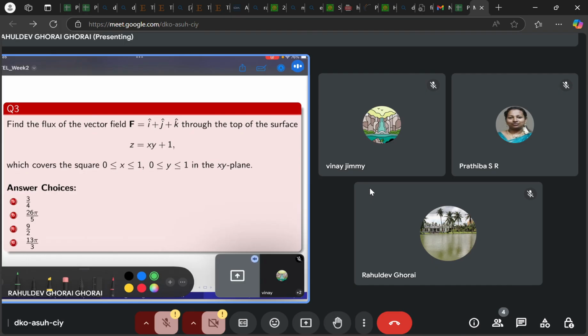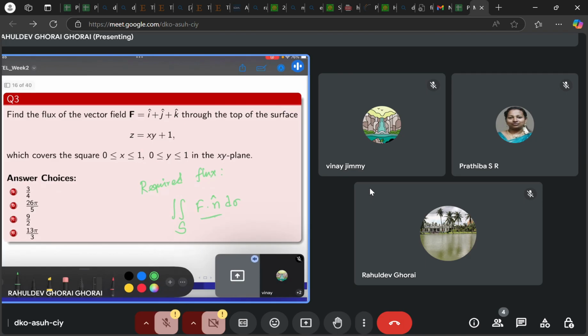How to do this? What is the formula for this flux? So required flux will be integration over the surface S of f dot n, or n vector, times d sigma, right?